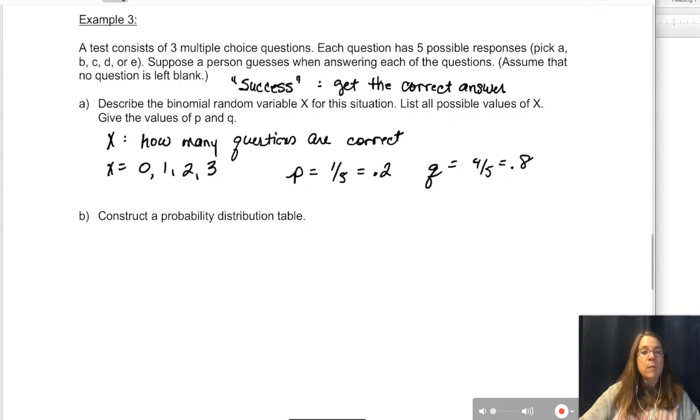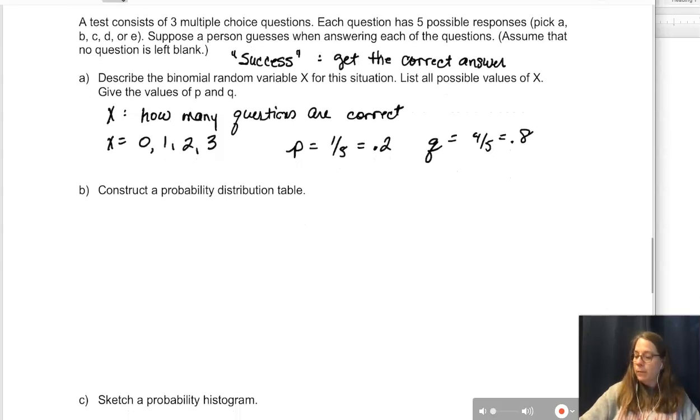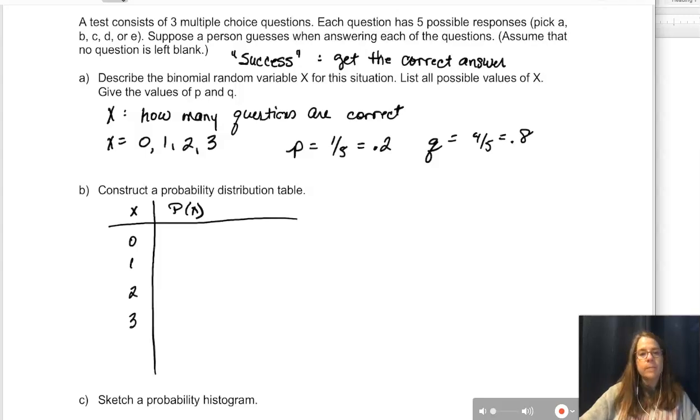Next, we're going to draw our probability distribution table, which is going to list all of the values of x and each of their individual probabilities. The values of x could be 0, 1, 2, or 3. The probability of getting 0 answers correct is found by finding the combination of 3 questions, choosing 0.